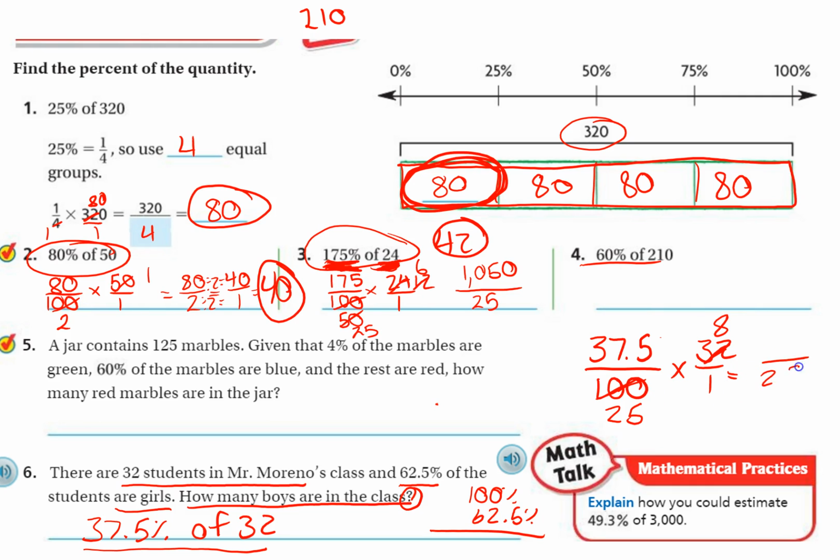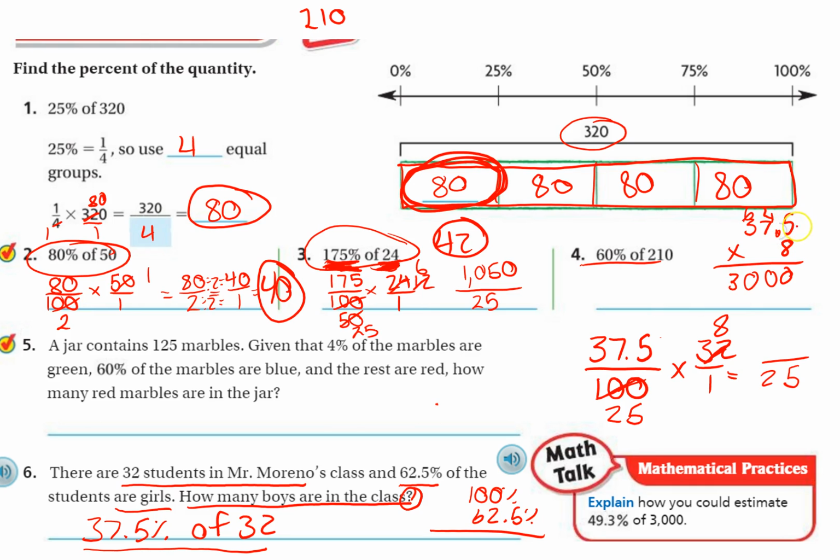25 times 1 is 25. And then now I need to do the math of 37.5 times 8. Let's see, I can do it up here. 37.5 times 8. 8 times 5 is 40. 8 times 7 is 56, plus 4 is 60. 8 times 3 is 24, plus 6 is 30.